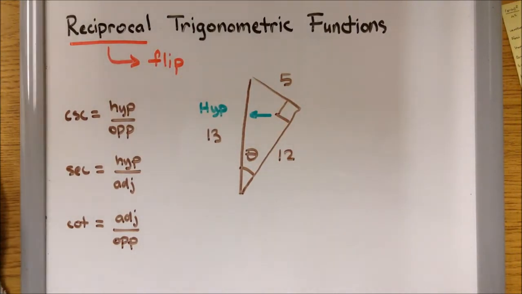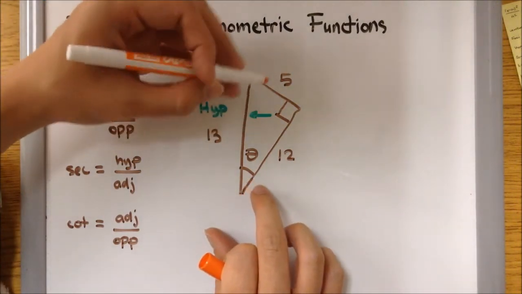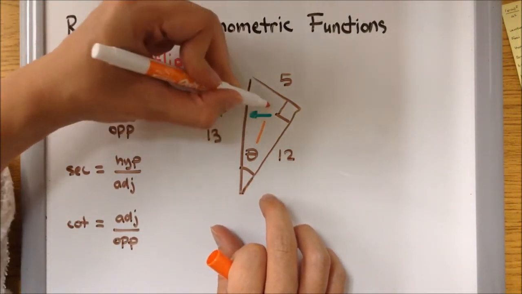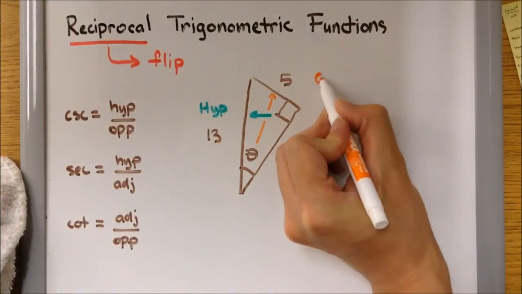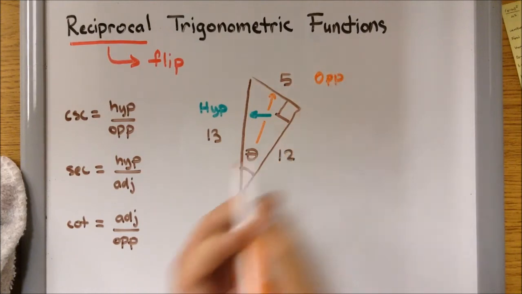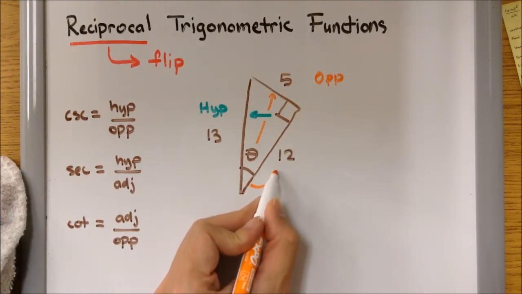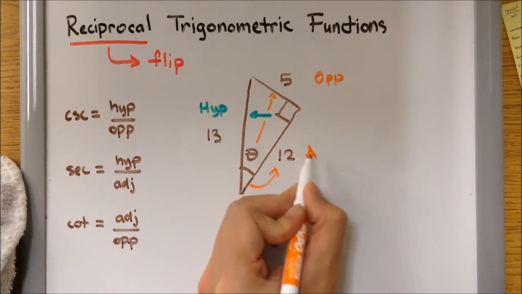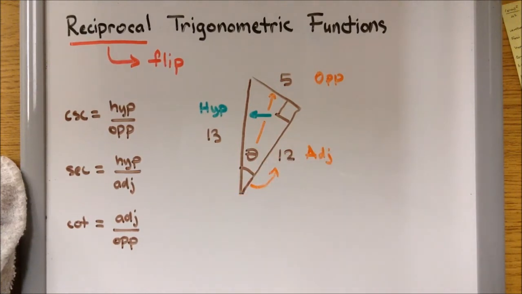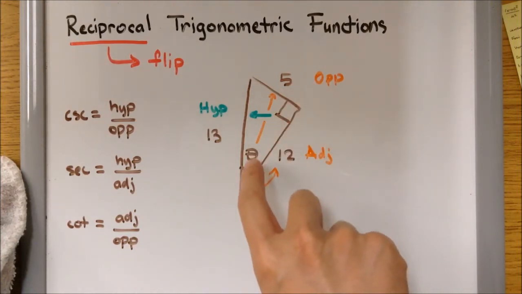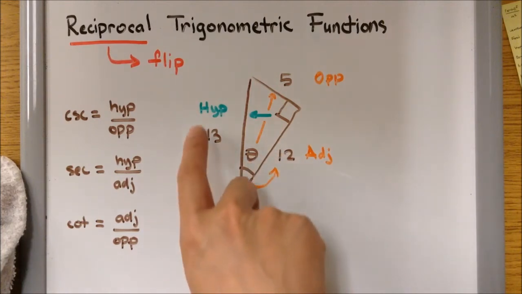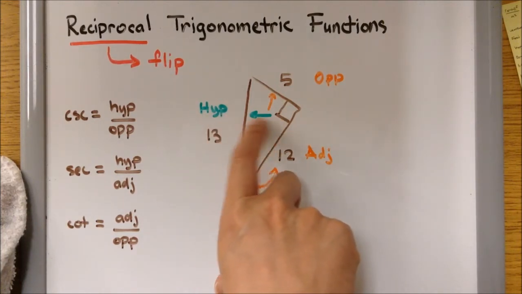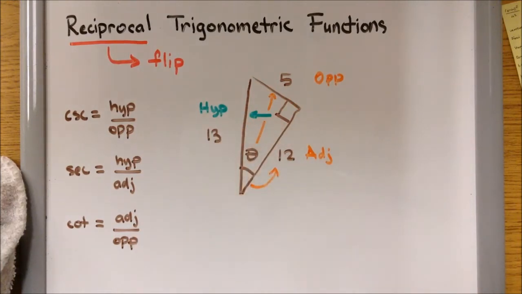What's across or opposite from angle theta is the 5, that's going to be my opposite side. And what's next to the angle theta, my 12, that's going to be adjacent. So labeling is going to be the same process as before. My 5 is the opposite according to angle theta, and my 12 is adjacent because it's next to angle theta. My 13 is the hypotenuse because it's across from the right angle.